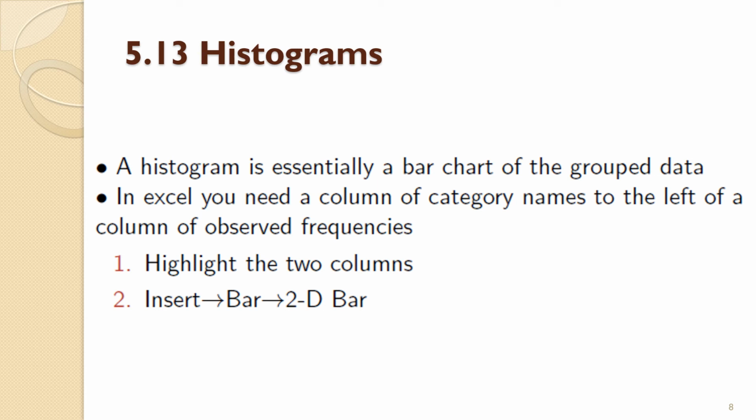Highlight the two columns, insert bar, 2D bar. As I said before, it's worth checking that the graphs actually do what you think they're doing. If there is a mistake, the obvious thing is that you might not have the columns the right way around. You need the column of category names to the left of a column of observed frequencies.